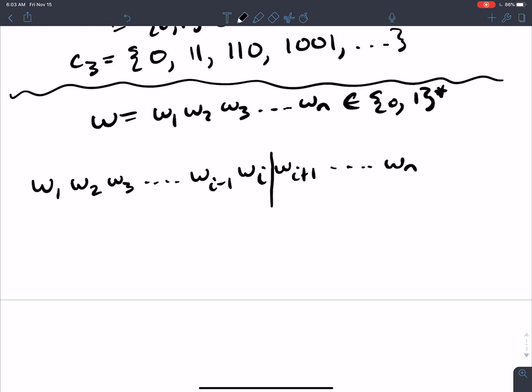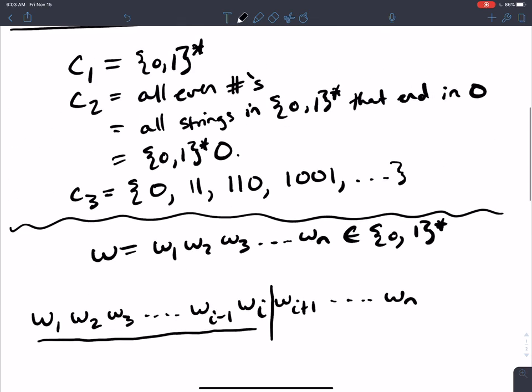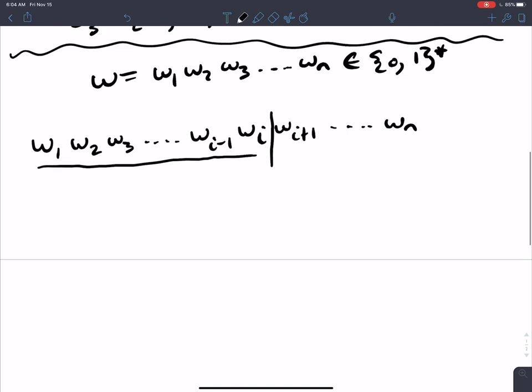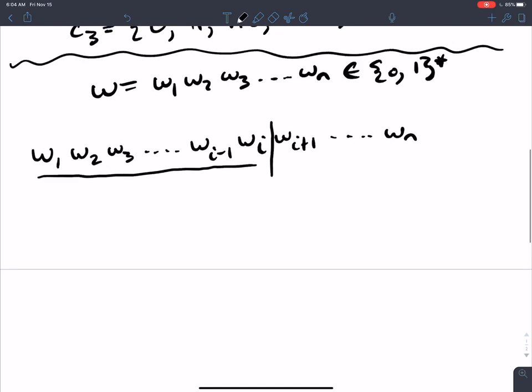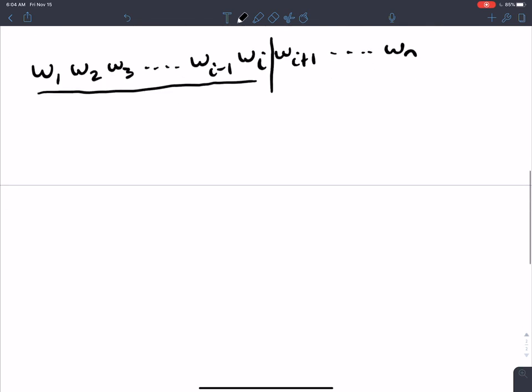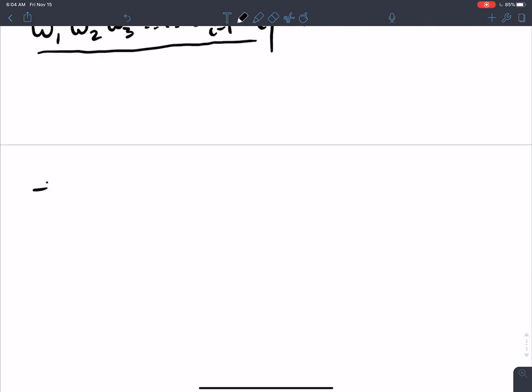If the string happened to end there, the DFA has to make a determination about whether w1 through wi is a multiple of the number that we're considering. If it's not a multiple, what else could it be? So let's look at the 3 example and try to make a DFA for it, and then we can try to generalize from there.